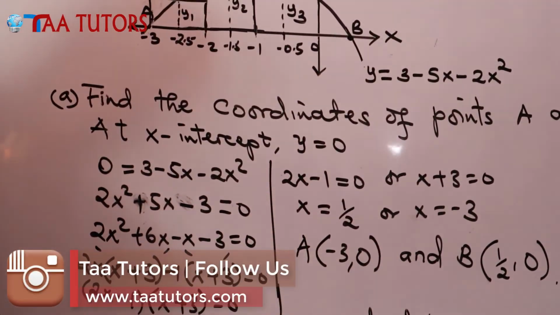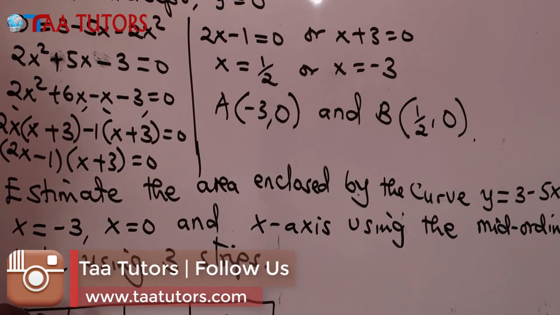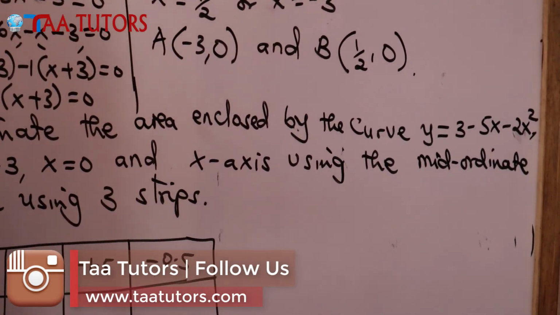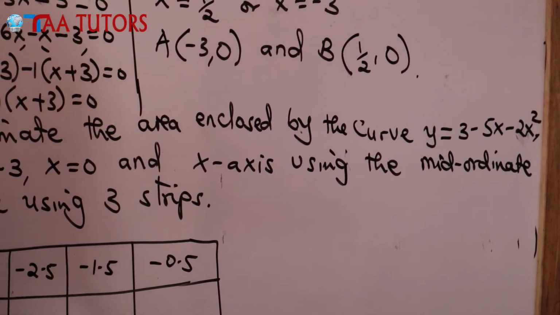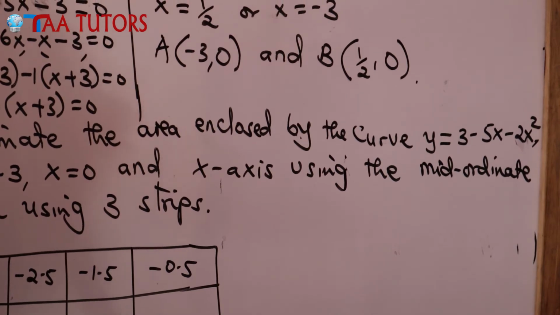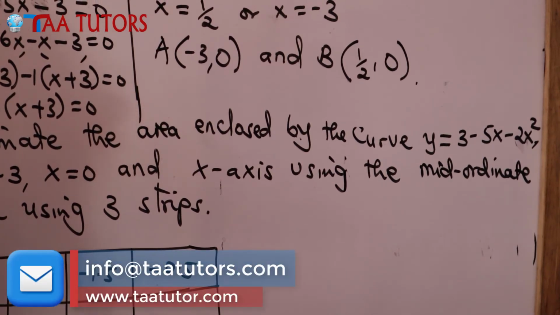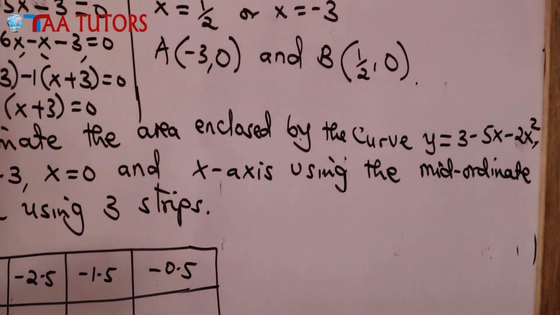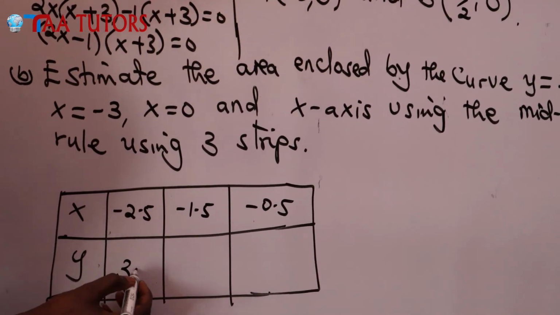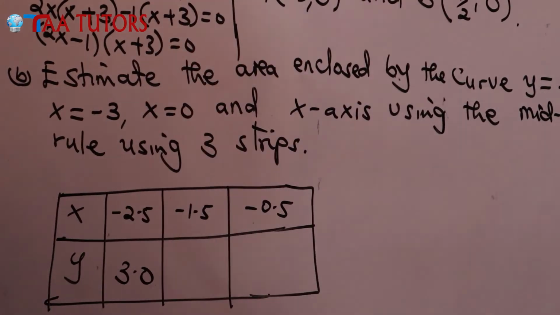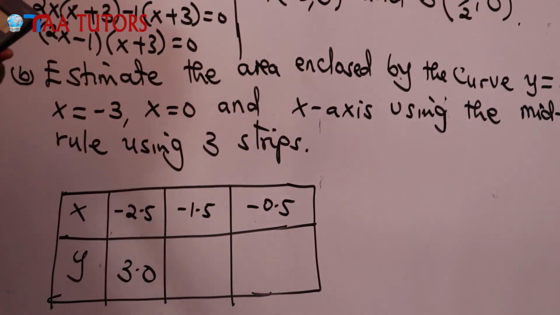So we substitute in the function: 3 minus 5 into negative 2.5 minus 2 into negative 2.5 squared. That is 3.0.